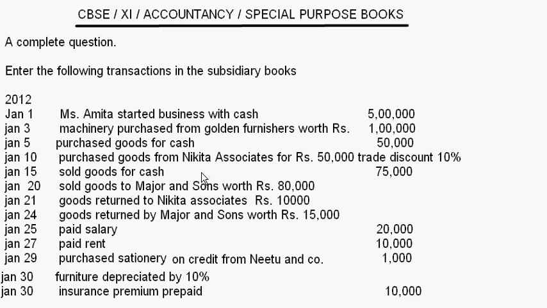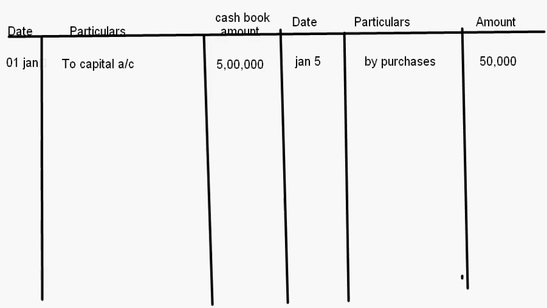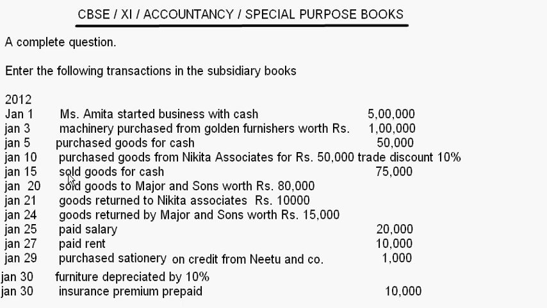Purchase goods from Nikita Associates for Rs 50,000, trade discount 10%. Now this is purchasing of goods on credit, right? So this will go into the purchases book. Now the date is January 10th, right? So here we'll have January 10th, and here I'll write Nikita Associates, right?